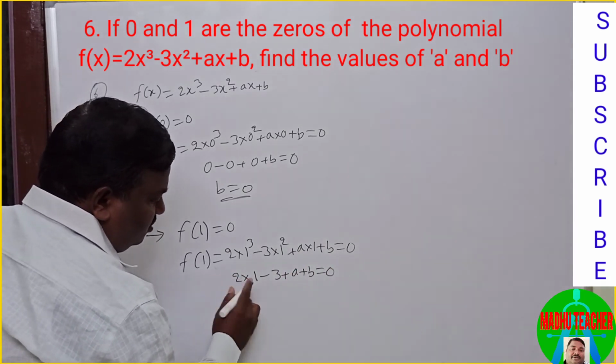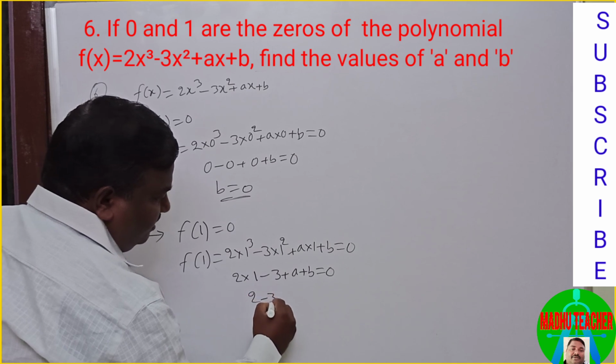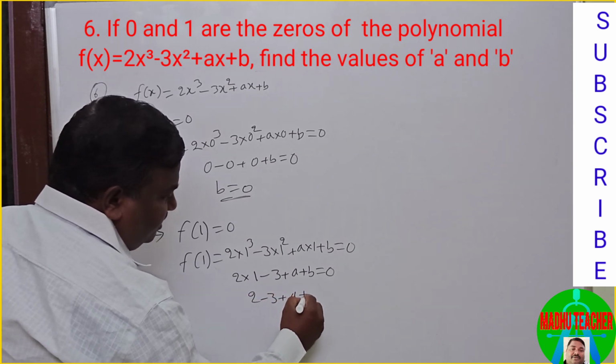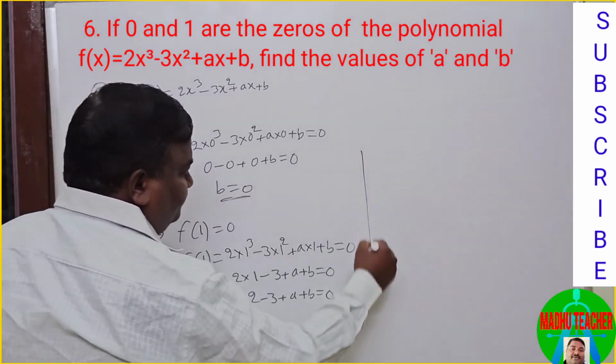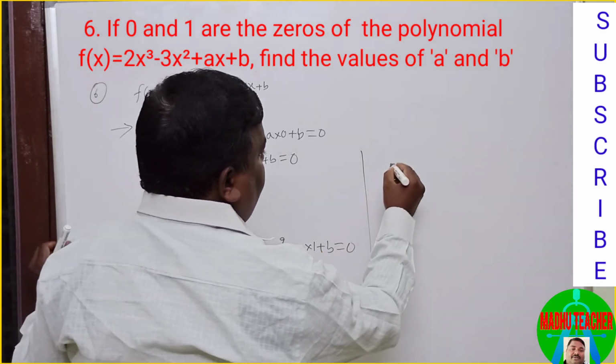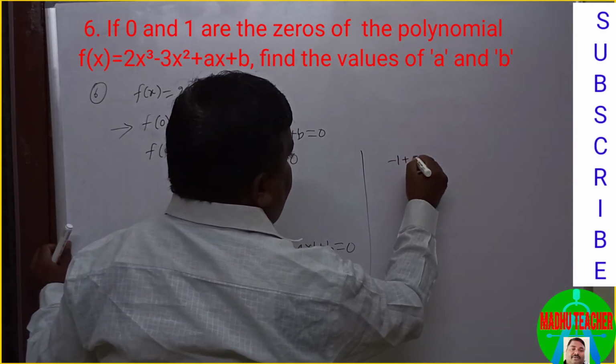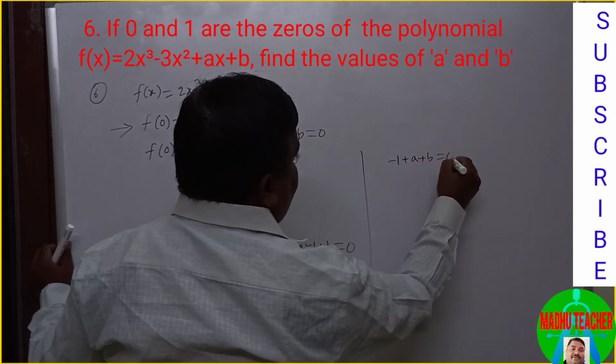Here 2 ones are 2, minus 3, plus a plus b equal to 0. 2 minus 3 is minus 1 plus a plus b equal to 0.